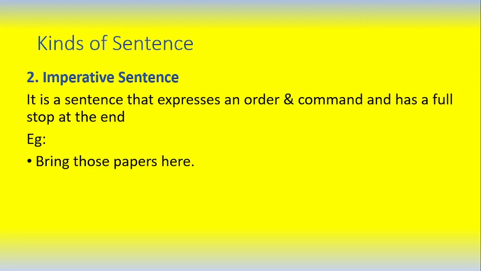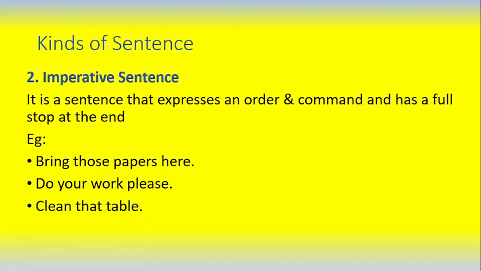You are making an order. Do your work, please. You are making a command. Clean the table. You are ordering. All these are imperative sentences. You can list more imperative sentences in your activity.